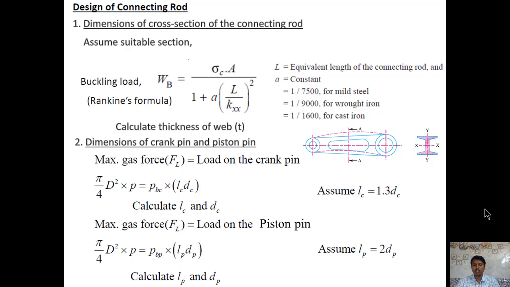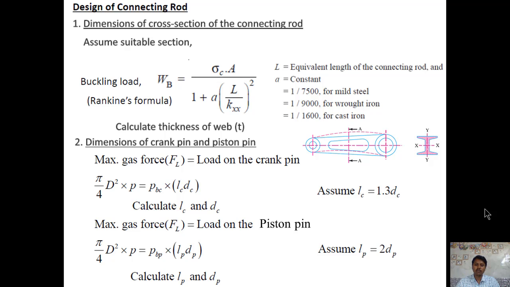So, whatever load acts on the crank pin is the bearing load. The bearing load must be equal to the gas force. We can consider a factor of safety later, but the bearing load must be equated to the maximum gas force. Here, the maximum gas force we can calculate from the gas pressure.